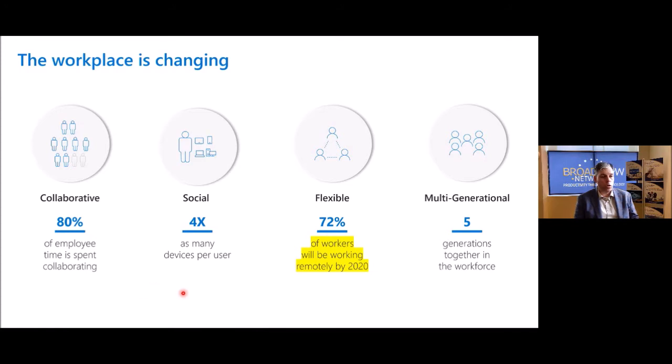People are using social in different ways than they ever were before. More people have more devices. Most people have a desktop or a laptop and a mobile device. Some people have a desktop, a laptop, and a mobile device. Some people have a desktop, a laptop, a mobile device, a tablet, a smartwatch, and then some other devices. And it's nice to be able to have a similar experience across multiple devices.